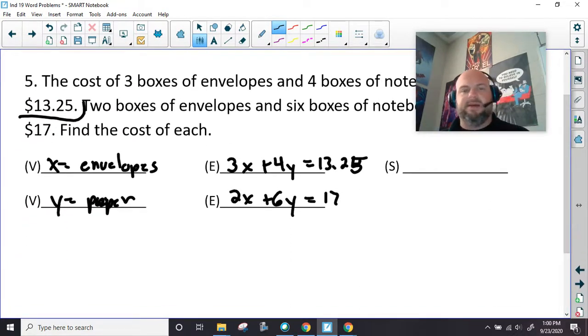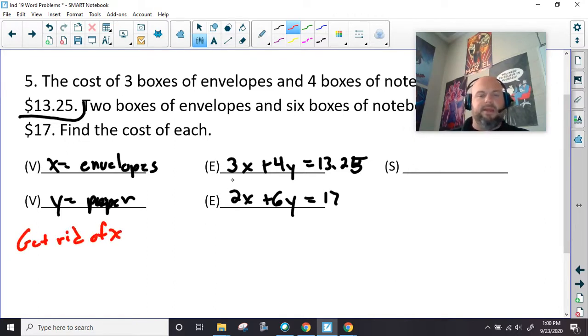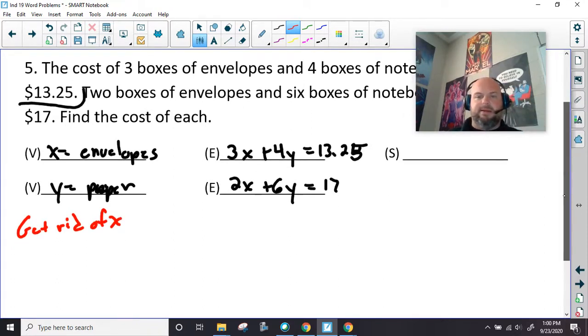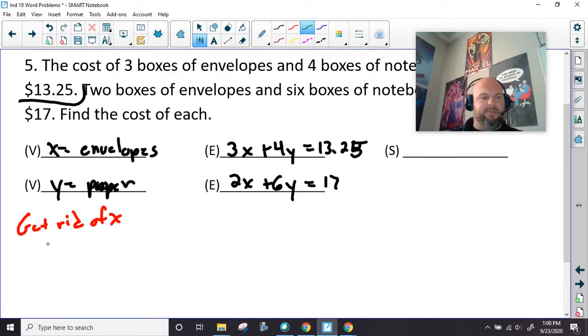Again, you could solve this by substitution or elimination. I'm going to use elimination, and I'm going to get rid of the x. Okay, so if I look at 3 and 2 here, I want one of them to be a positive 6x, and I'm going to want the bottom one to be a negative 6x, so they'll cancel.